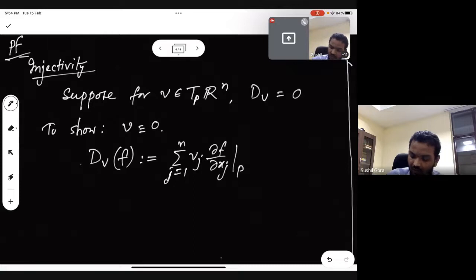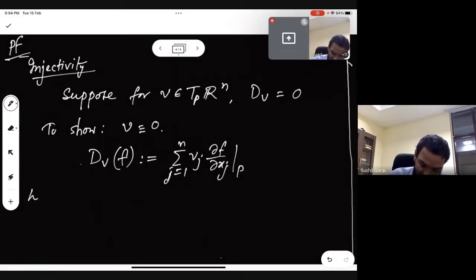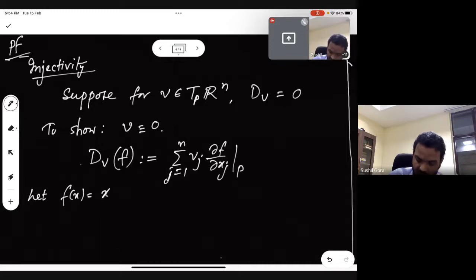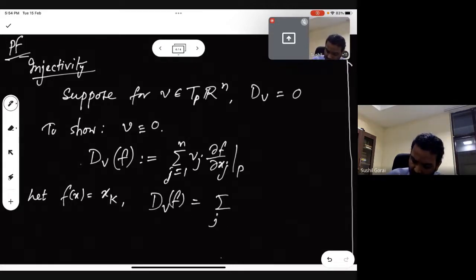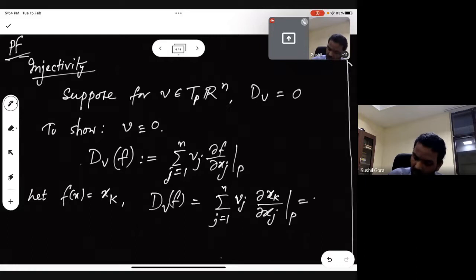Now take f(x) equal to xk. Dv f is nothing but the summation j equal to 1 to n of vj del xk by del xj at p, which is vk.